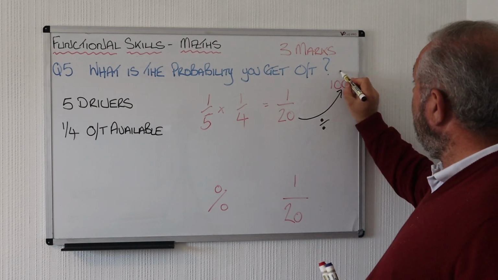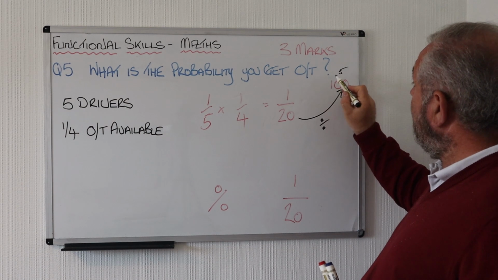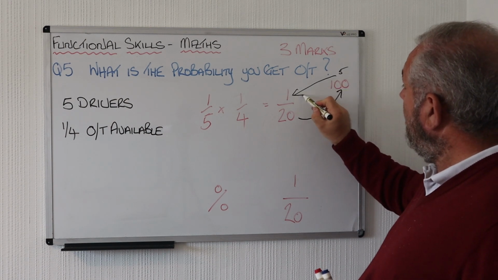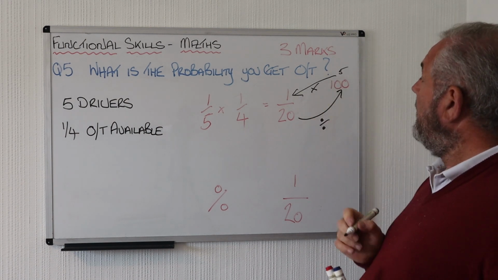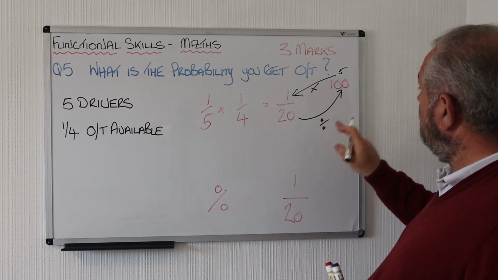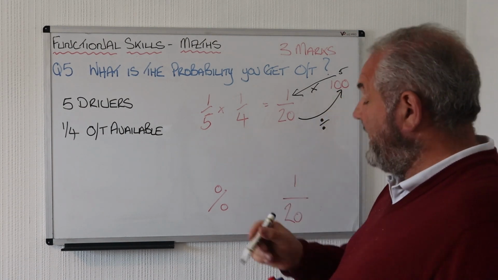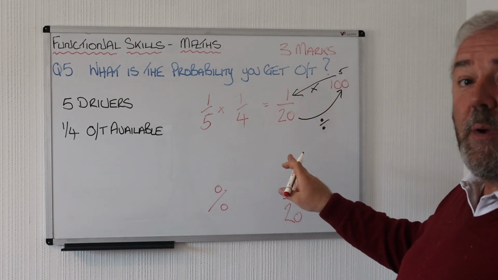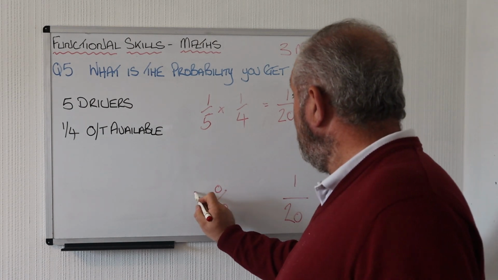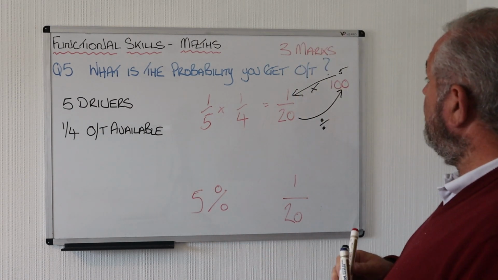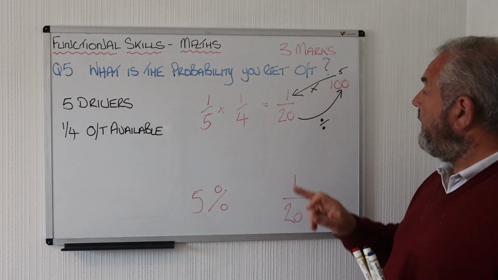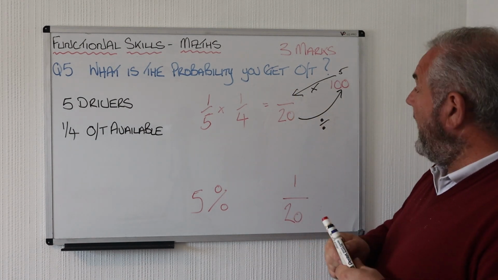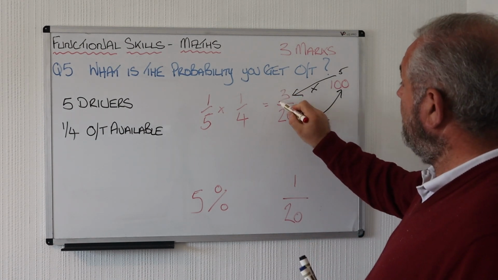We all know it is 5. I take that 5 and multiply it by the top number. 5 times 1 is 5. So 1 in 20 as a percentage would be 5%.